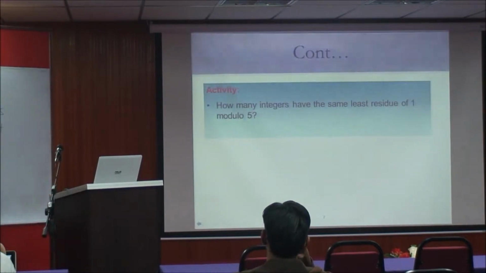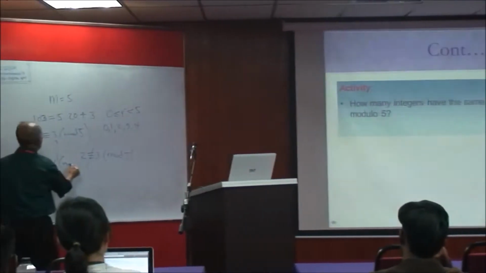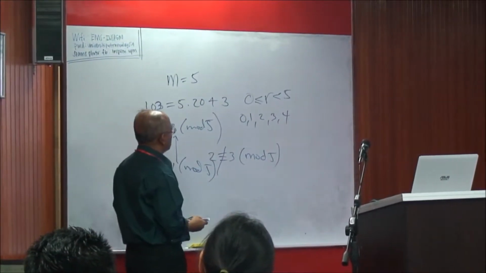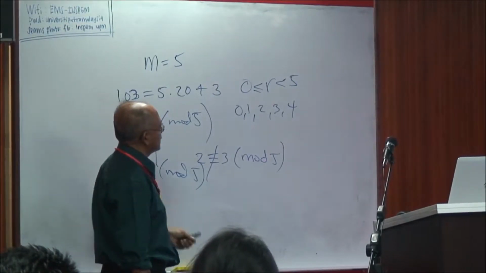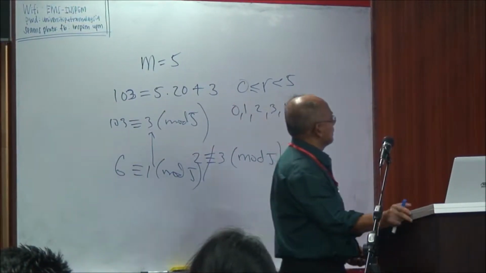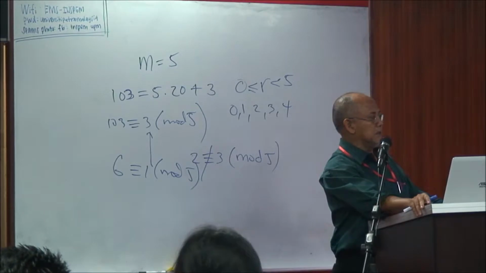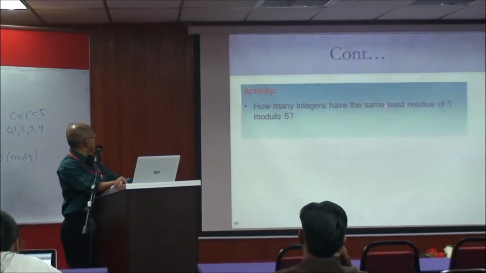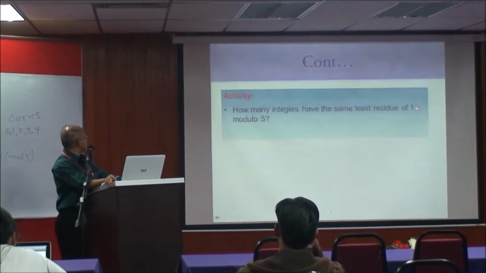There are some integers which have the same residue as 6, right? 6 is congruent to 1 mod 5. Yeah, we will take 1 as the least residue. So there would be some more integers which has the least residue of 1.